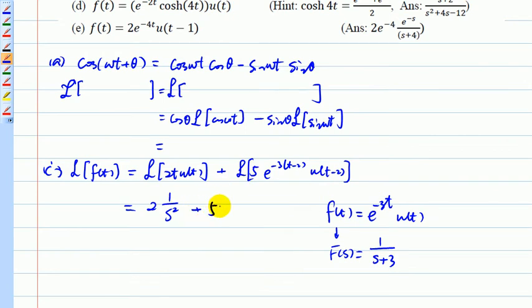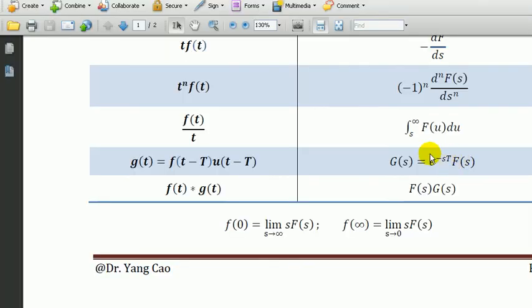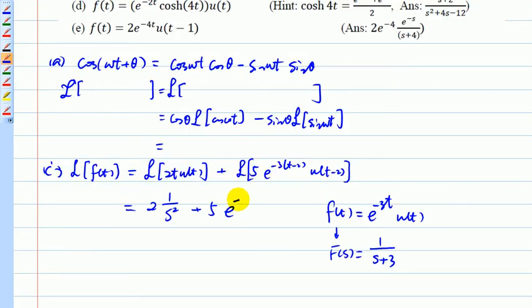According to my property, it is 5 times e to the power of negative s capital T, where capital T here is 2, and then capital F of s is 1 over s plus 3. So basically it's 5 e to the power of negative 2s, times 1 over s plus 3, right? So that's part C.